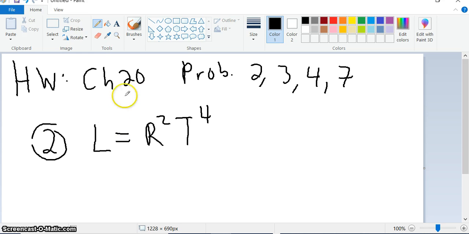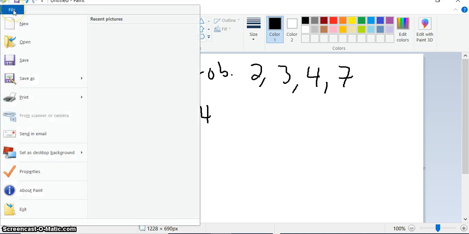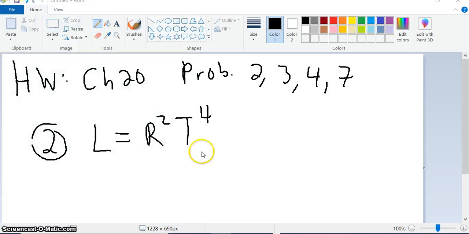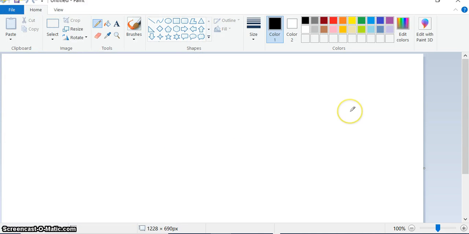Let's get a little bit more room here. Again, we're just doing problem number 2, and the way we do this is we look at the luminosity relationship in comparison with the sun.